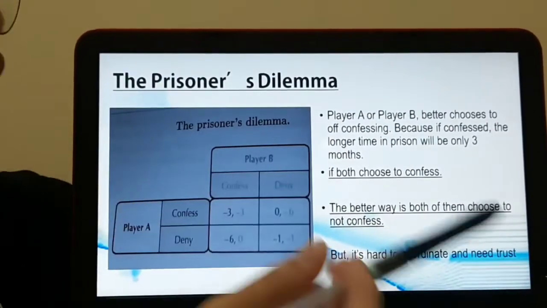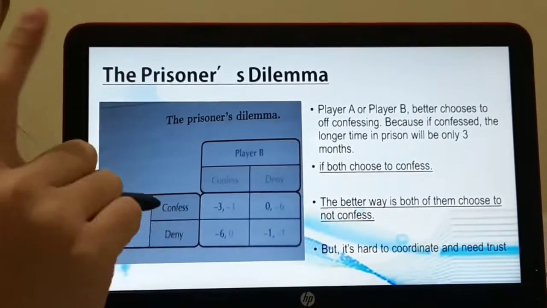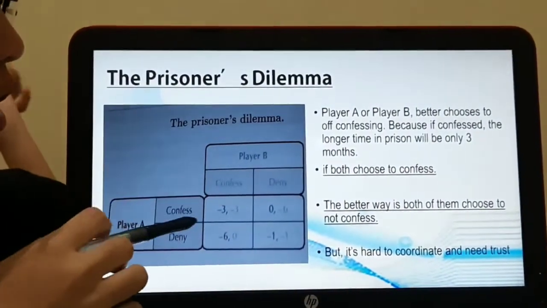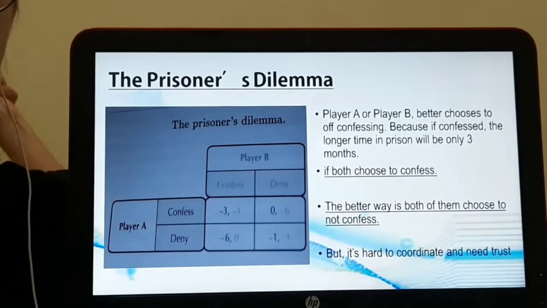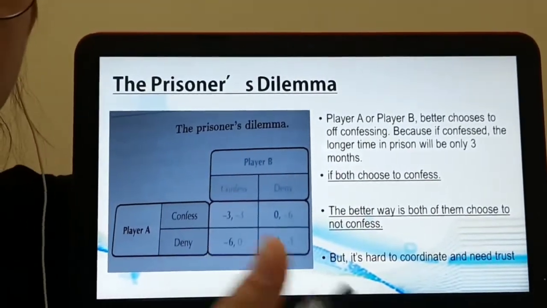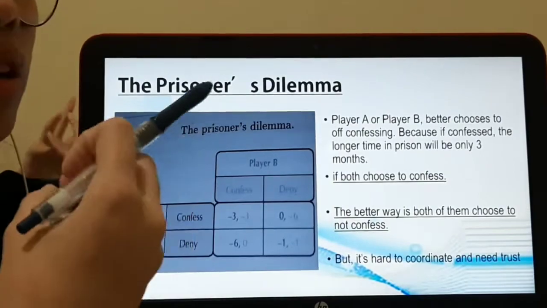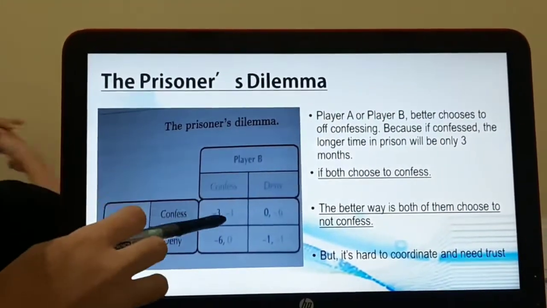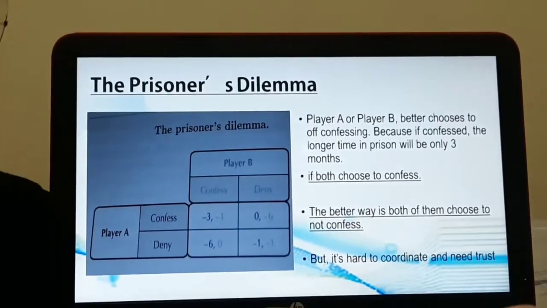As I said before, if one of them confesses but the other does not, the one who does not confess will get 6 months in prison. But it is better to confess, because if you confess and the other also confesses, you will only be in prison for 3 months.